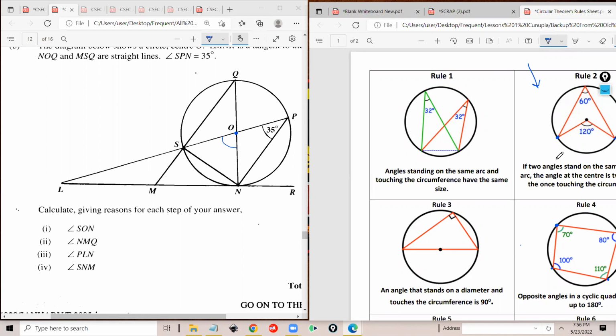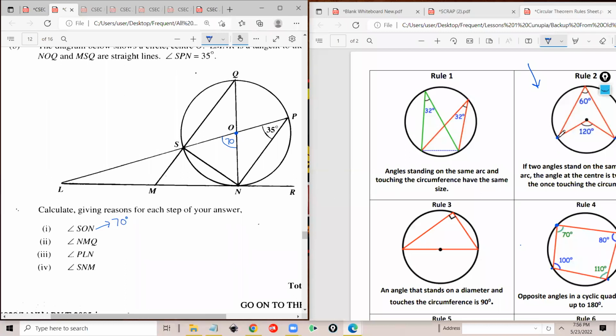Rhonda, correct. Anybody want to take a shot at it? How much is this, SON? Amanda, correct. Cassidy, correct. Anaya, correct. I'll take one more answer. Sanjana, correct. And Samara. That looks like, if here is 35, then over here should be twice the amount. So it's going to be 70 degrees.